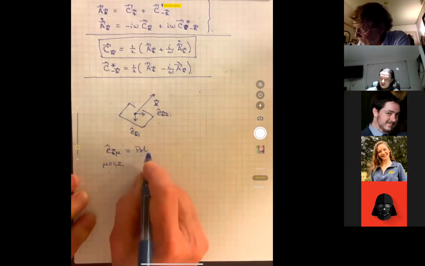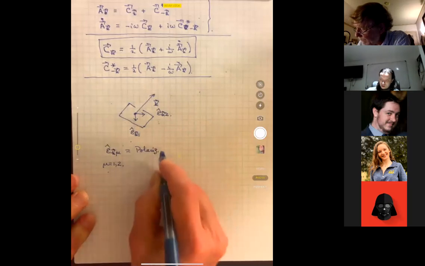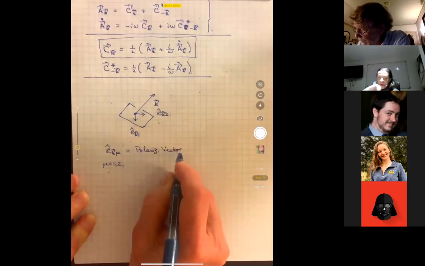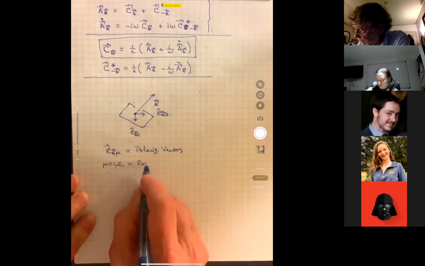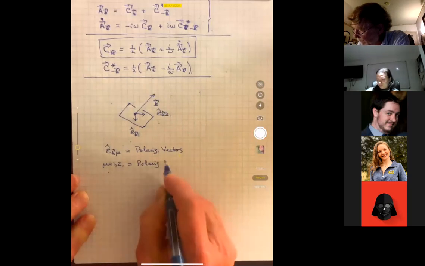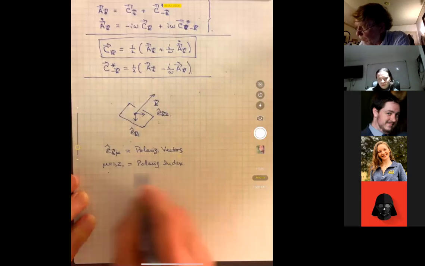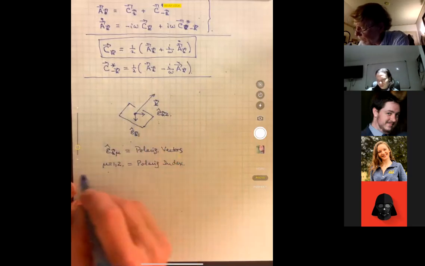These are what we'll call polarization vectors, and mu is a polarization index, which just runs from 1 to 2 to cover the two vectors.